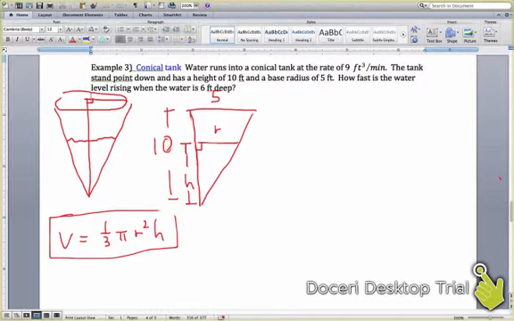Okay, so we have that the cone is 10 feet high, base radius of 5, and then we have our variables, the height of the water and the radius of the water. No information is given about the radius of the water, so let's go ahead and eliminate that variable, and we can relate these with similar triangles.